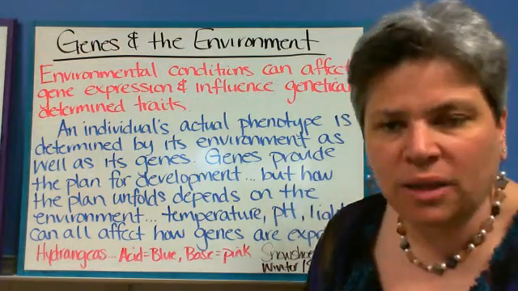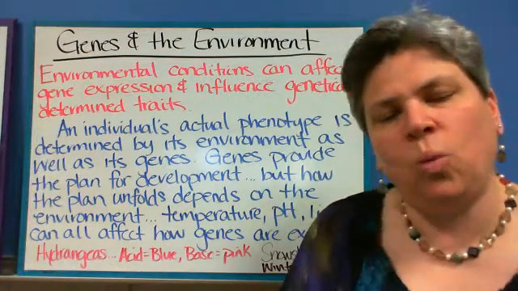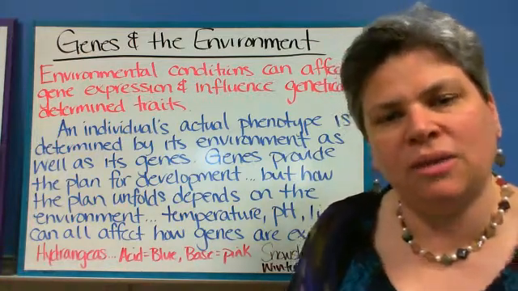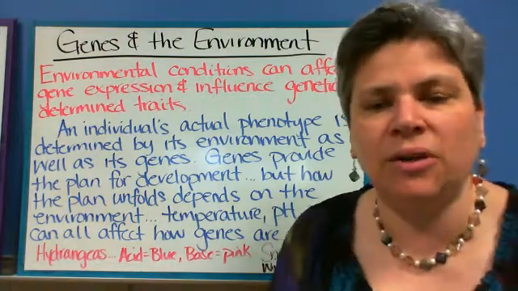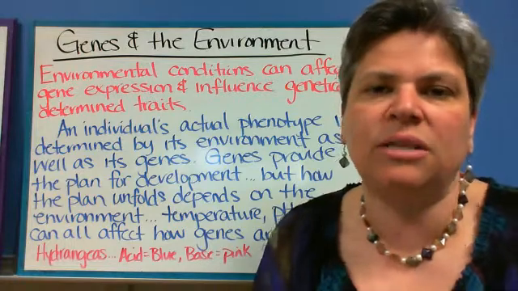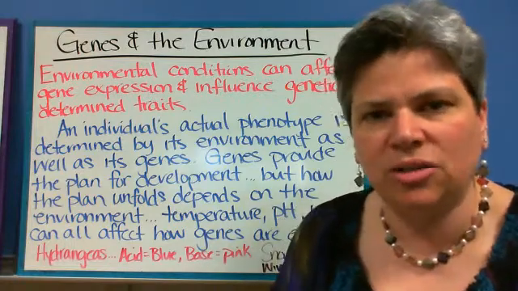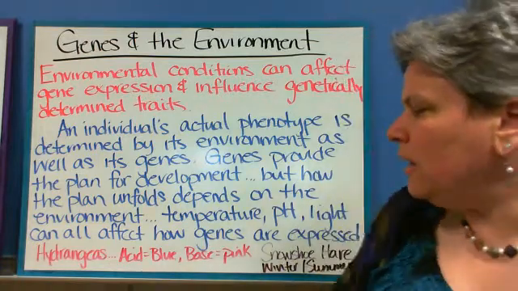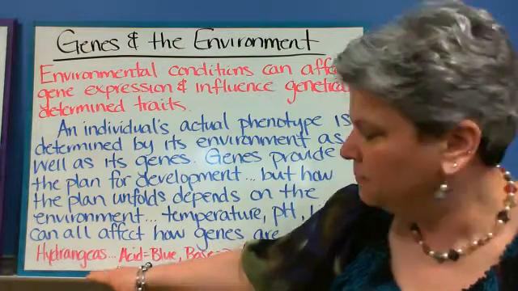And that's what happens with identical twins sometimes. If they're not raised in the same environment and one twin is raised in a different environment than the other, the outward expression of their traits can be different. We know that genetically they're the same, but the environment can affect how those genes are actually expressed. And a really good example of that is with hydrangeas, which are a type of plant.